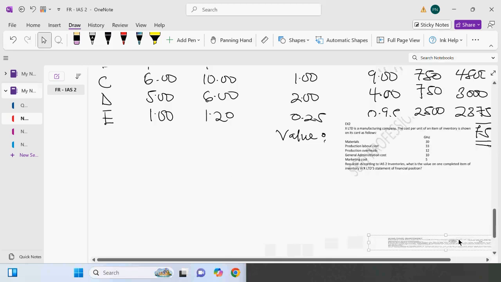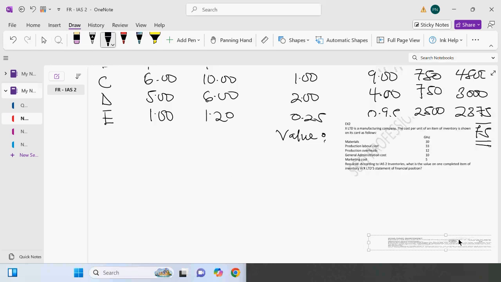General administration cost, 10 Ghana. Marketing cost, 5 Ghana. Required: according to IAS 2 Inventories, what is the value of one completed item of inventory in X Limited's statement of financial position?